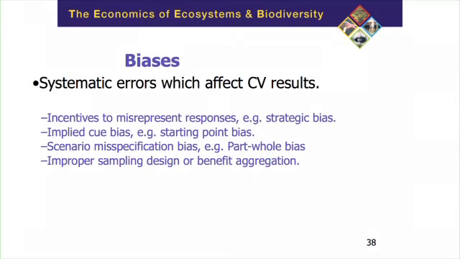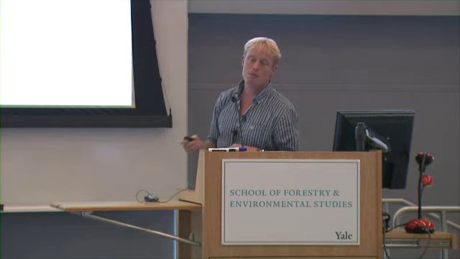Then there's starting cue bias. If you think about that bidding game where I had a range of prices, that range of prices might influence how much people state. So it might influence people's amounts to pay. Again, you have to think about how you might test for that.